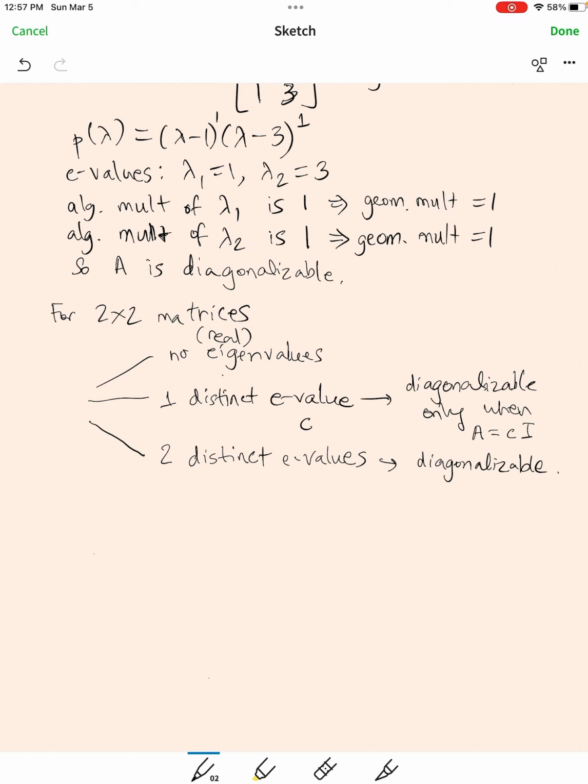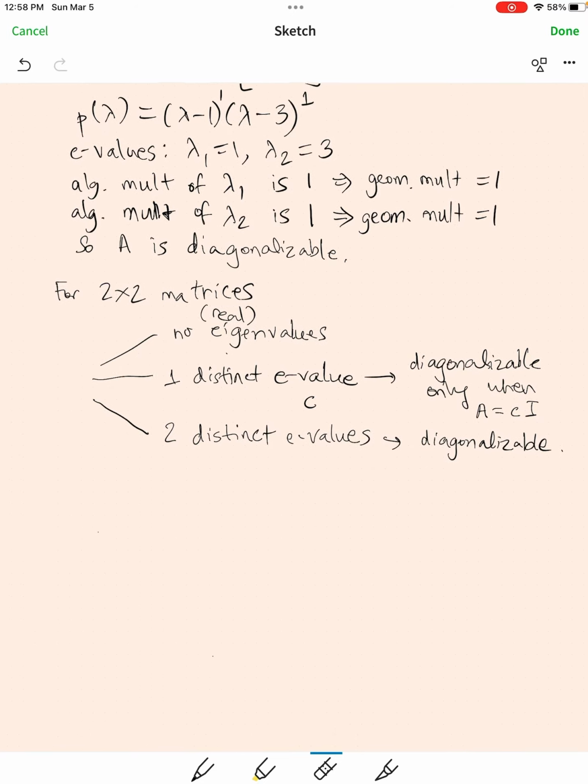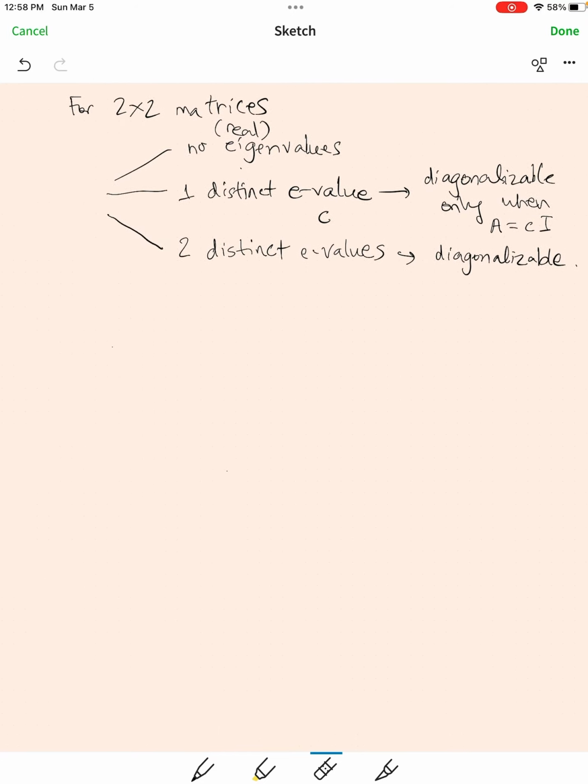So for 2 by 2 matrices, the vast majority of the time, it's going to be diagonalizable, if it has any eigenvalues at all.